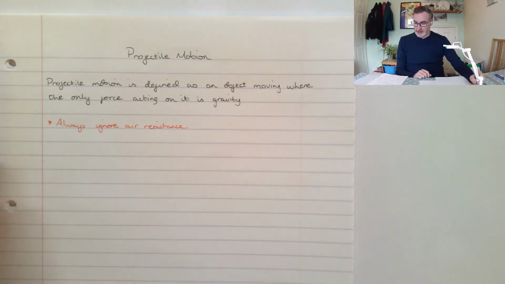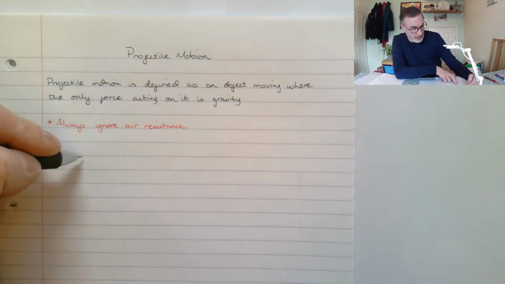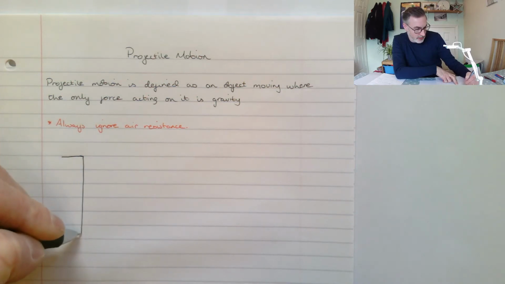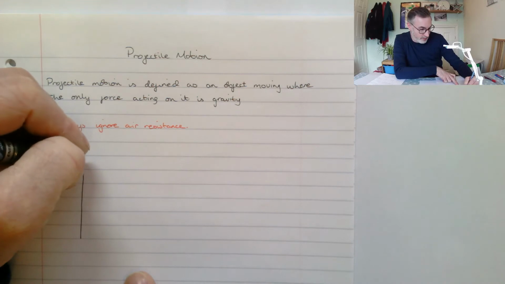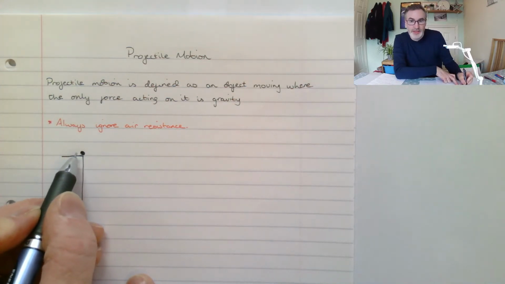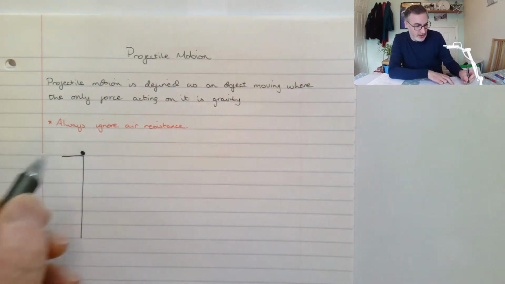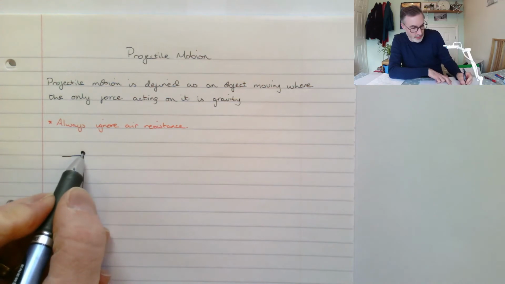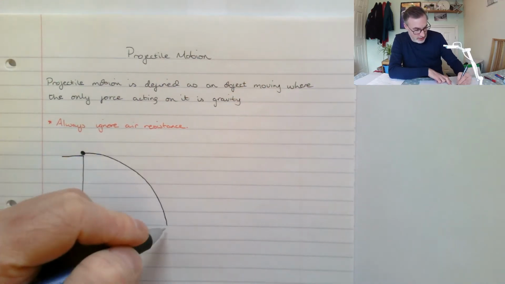Okay, now to start off with our projectile motion, what we need to do is, well, if we look at, let's say, an object that is projected from the top of a tall building. Now we throw this, kick this, shoot this, do something, and we start projecting it out, and it's going to move in a path that looks like this.